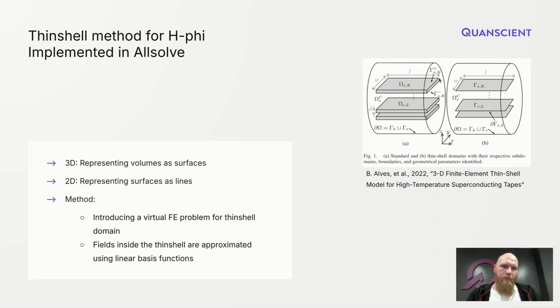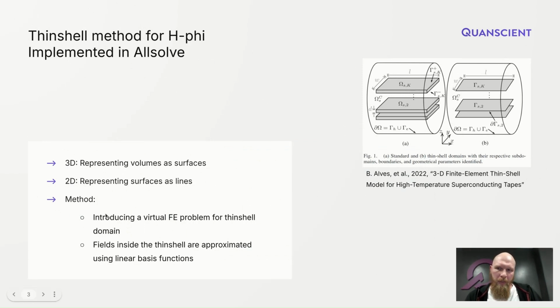The general idea behind it is that in 3D we can represent thin volumes as surfaces, or in 2D we can represent surfaces as lines, and this will reduce the complexity of the geometry and CAD, as well as the meshing, significantly.